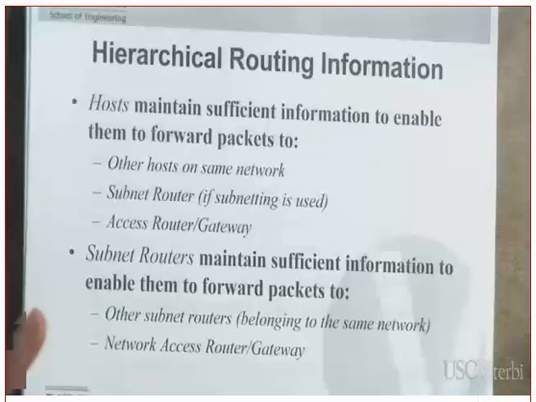I don't want to spend much time because we have already taken them in perspective. Our interest in this course will be on Border Gateway Protocol, which is called BGP, the one that is used between autonomous systems.